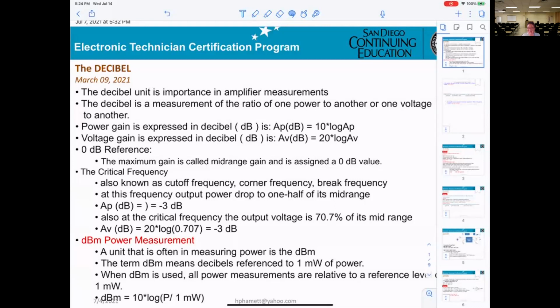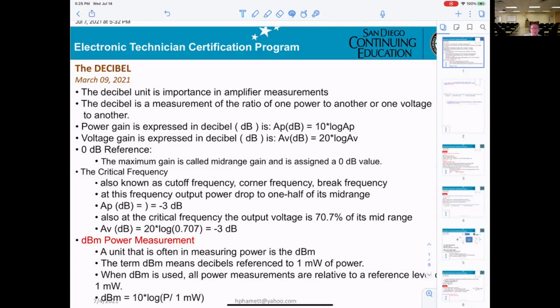That means wherever you need to go for measurement, you need to know about the decibel. Decibel is a measurement of the ratio of one power to another, or one voltage to another voltage, or one current to another current.